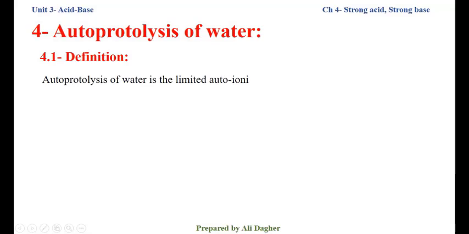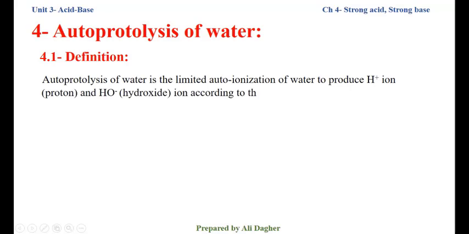Autoprotolysis of water is the limited, that means incomplete, auto-ionization of water to produce H+ ion, which is the proton, and hydroxide ion HO- according to the following equation. H2O ionizes into H+ and HO-. The ionization of water is self-ionization, then it's called auto.